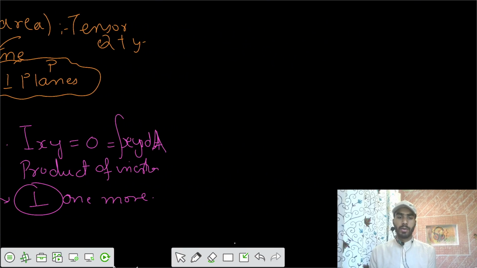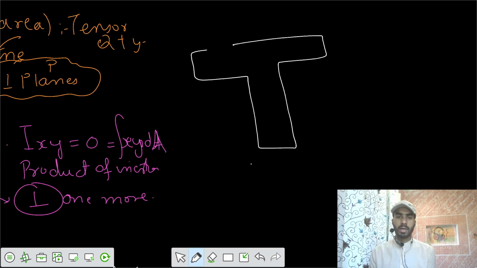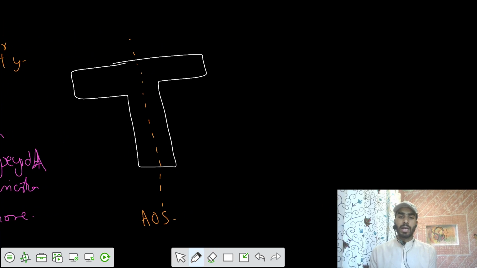Similarly, if you have a T section, in this one there would be one axis of symmetry. The axis of symmetry is also called the principal axis, where integral xy dA equals 0. That's principal axis 1.